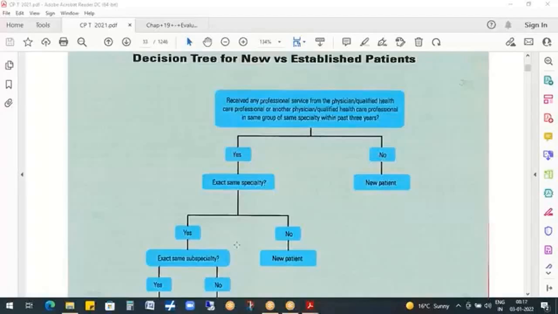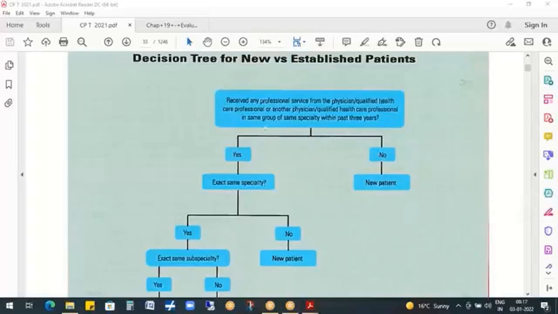Some physicians are expert only in replacements. Understood, everyone? If you take cardiovascular or cardiologist, some physicians are vascular surgeons, that means expert only in artery and vein related treatment, like that. Always keep in mind the subspecialty, specialty, time period.